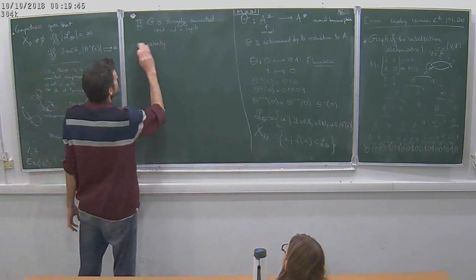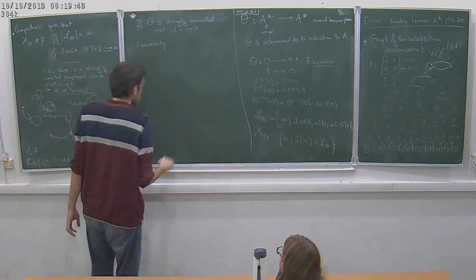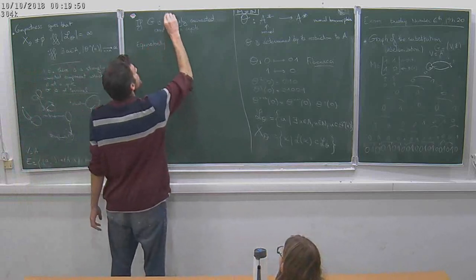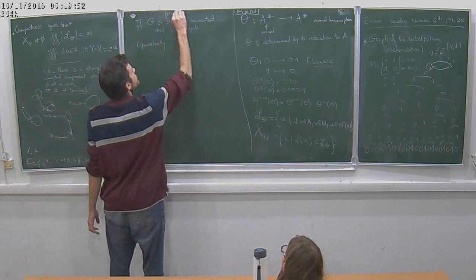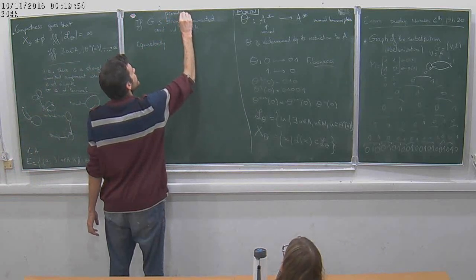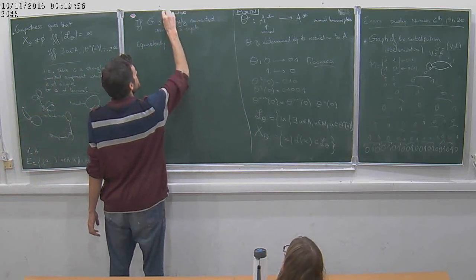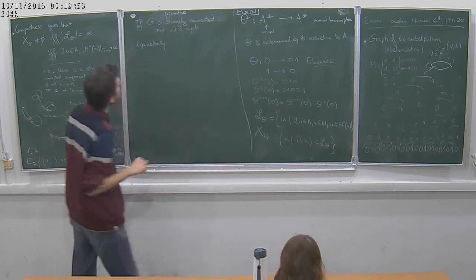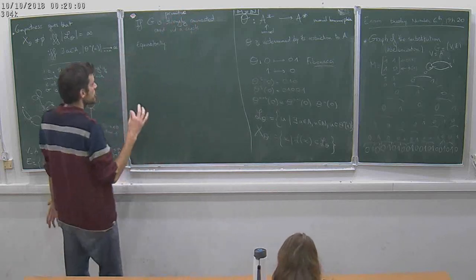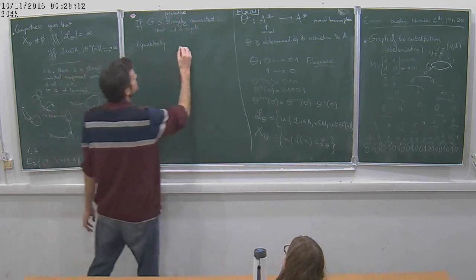Okay. No. I wanted to do the proof that it doesn't work if it's not primitive, but we don't have a lot of time, so let's assume this is primitive.